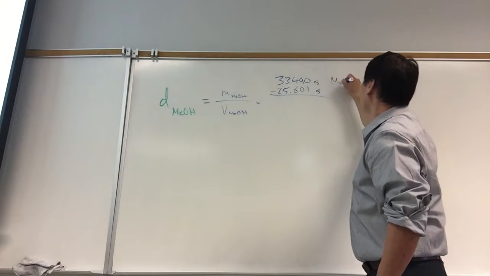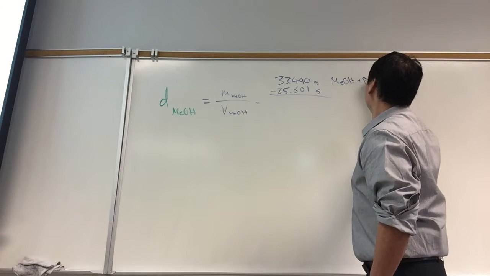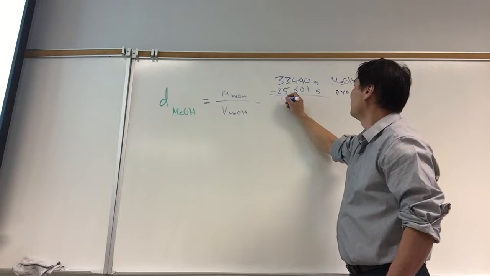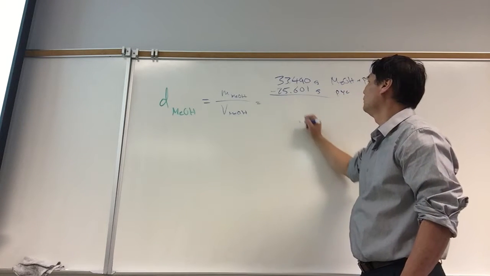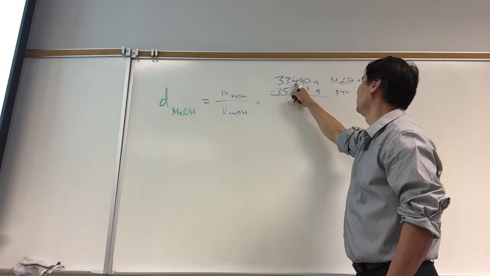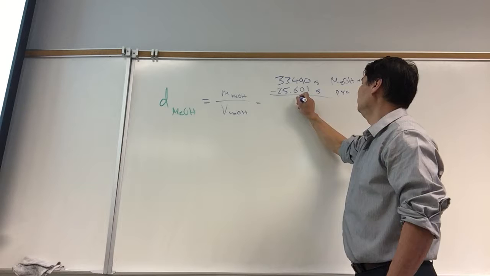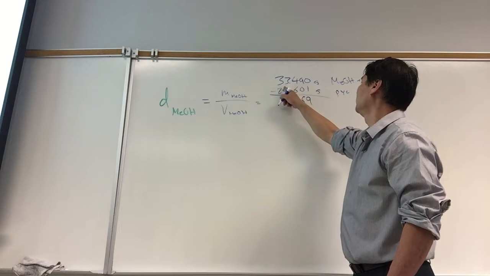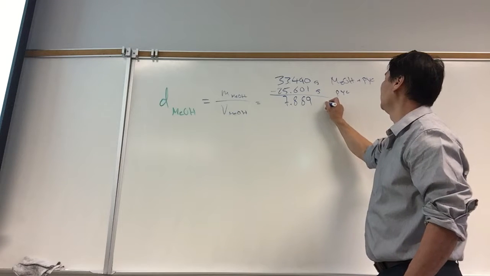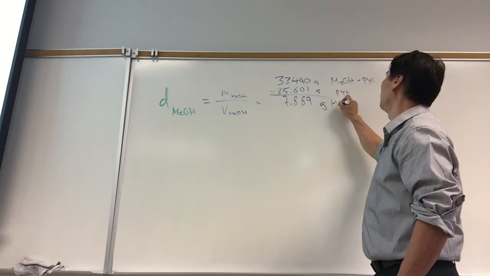And so this would be the methanol plus the pycnometer. This is just the pycnometer. And then we get the mass of the methanol. Okay, and what does that come out to? Well, 10, it's going to be 9, it's going to go 8, 14, 8, 12 would be 7. 7.889 grams of methanol.